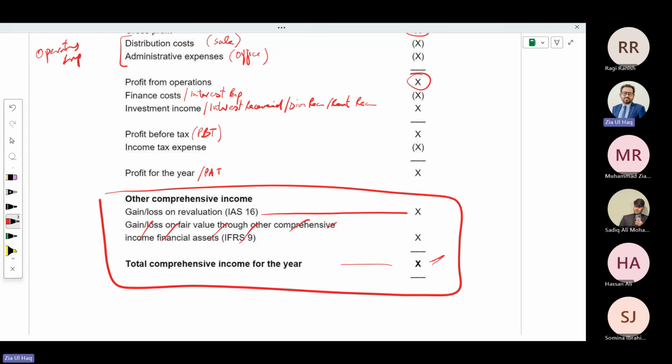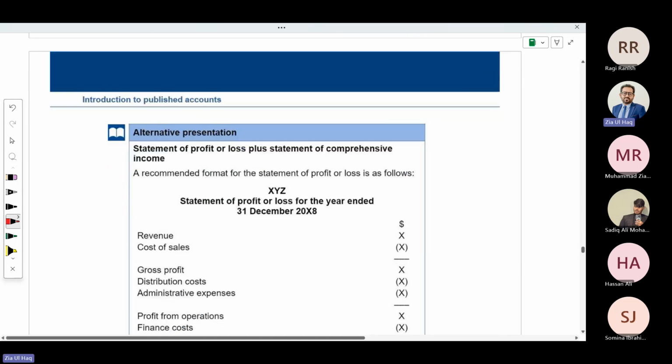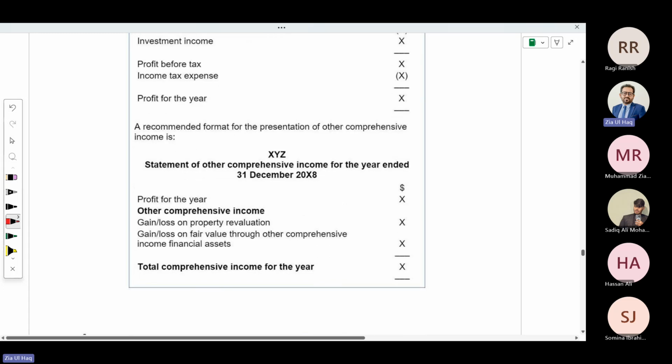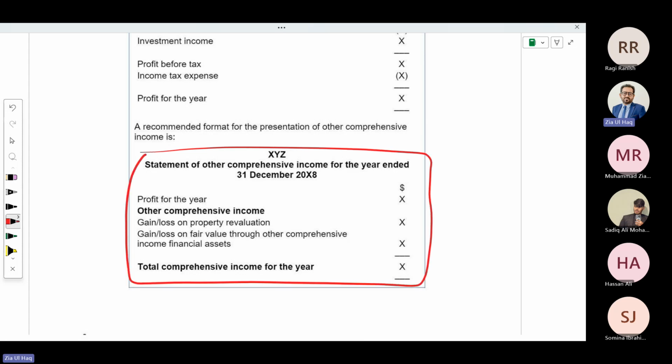Like this, we can prepare the statement of profit or loss and other comprehensive income combined, or you can prepare both separately as well. Like first we have prepared the statement of profit or loss, and then we have prepared a statement of other comprehensive income separately, by taking this profit figure, then adding gain or loss on revaluation to get total comprehensive income.